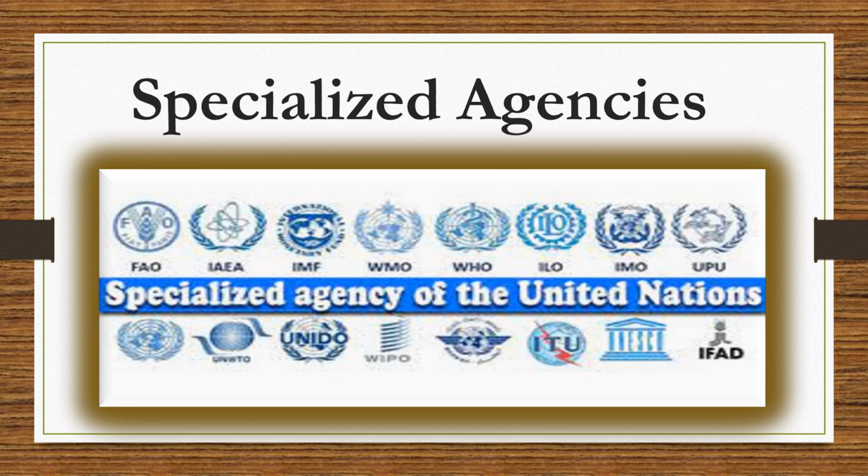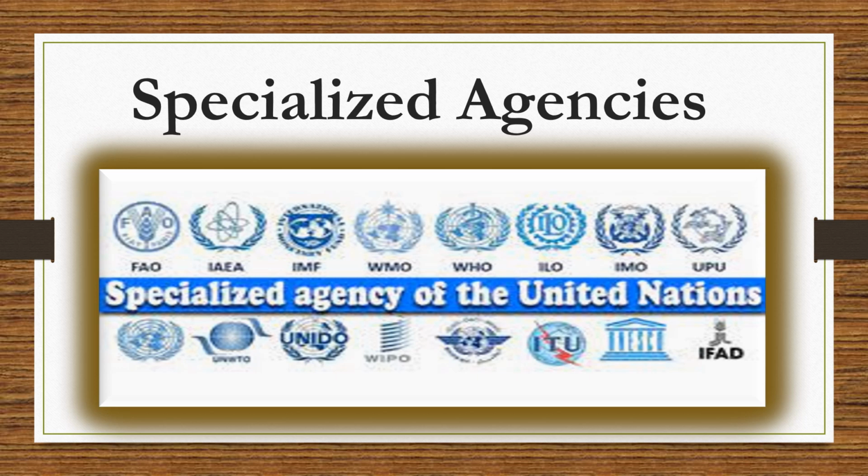Examples are Universal Postal Union, International Telecommunication Union, International Labour Organization, etc. These organizations have been brought into relationship with the United Nations through agreements entered into by the Economic and Social Council and the particular specialized agency.